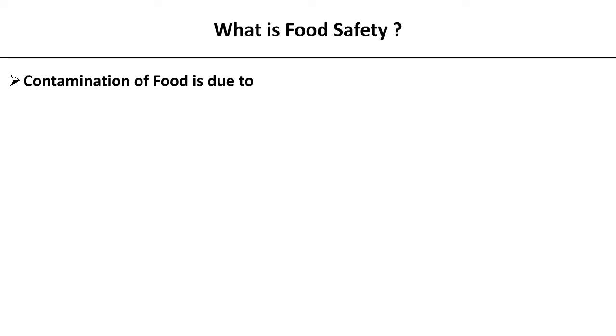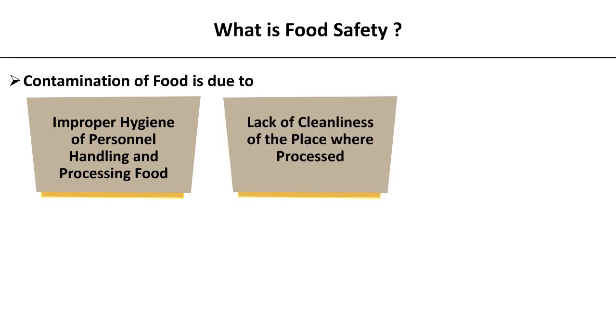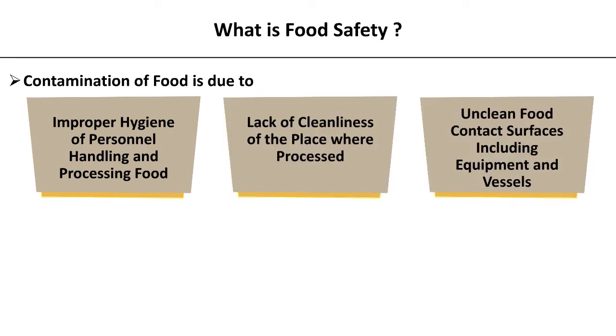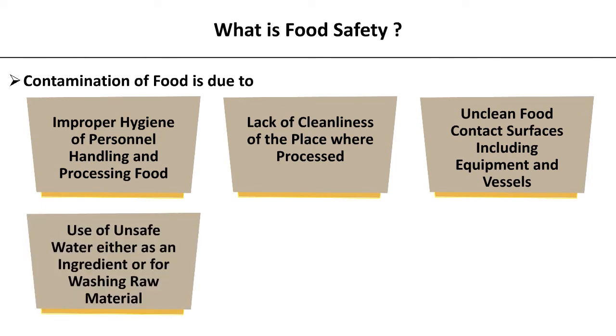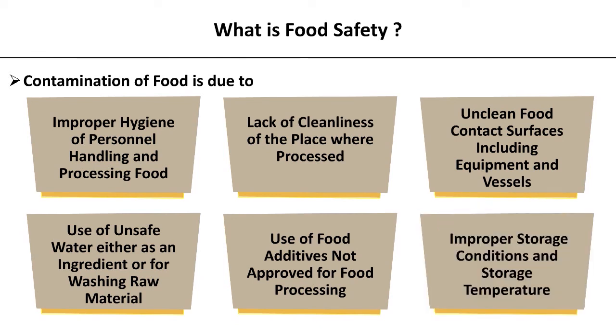It would be appropriate to say in summary that improper hygiene of personnel handling and processing food, lack of cleanliness of the place where processed, unclean food contact surfaces including equipment and vessels, use of unsafe water either as an ingredient or for washing of raw materials, use of food additives not approved for food processing, improper storage conditions and storage temperatures all contribute to contamination of food, leading to production of food that may not be safe for human consumption.